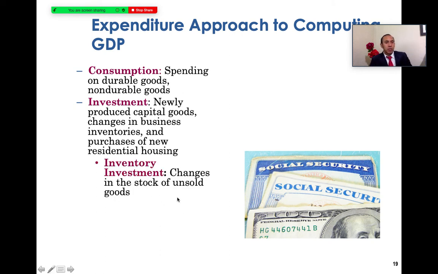Inventory investment is when we accumulate stock inventory to satisfy the consumption or to satisfy economic activity. I often use the analogy of the automobile dealerships. There are a lot of dealerships along the freeways or the highways, and when you drive through the highways, you see stocks of cars just sitting in the parking lot.